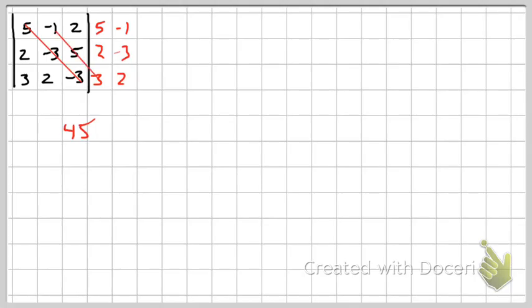Plus negative 1 times 5 times 3, which is negative 15. Plus 2 times 2 times 2, which is 8. And that is 38. So we went out. Now we got to come back in.